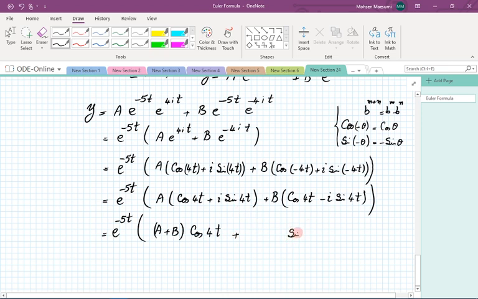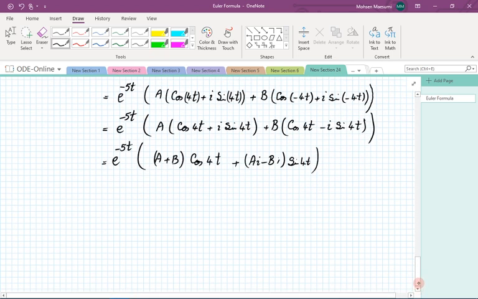So sine of 4t, here I have ai, and here I have minus bi. Now a and b were constants. So if you add them, it's some other constants. If you subtract and multiply by an i, that's still another constant. So let's call this constant, the whole thing, k maybe, and this one, say L.